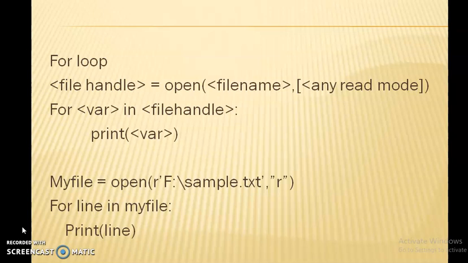The variable will contain the current line of the file as a string of characters. So to print line by line, either you can use the readline function or you can use this for loop.